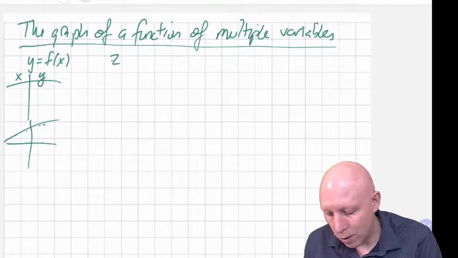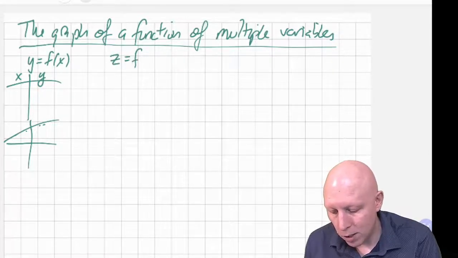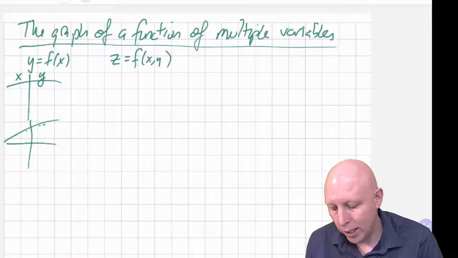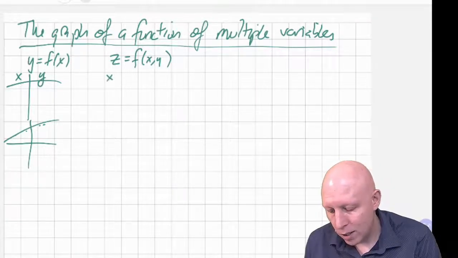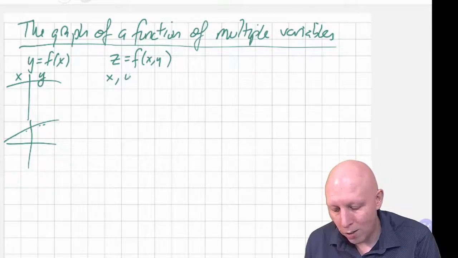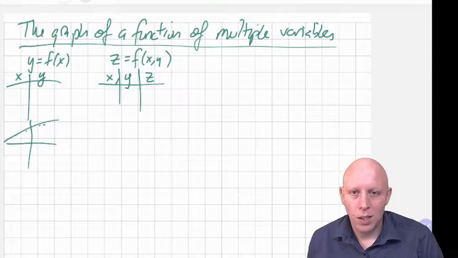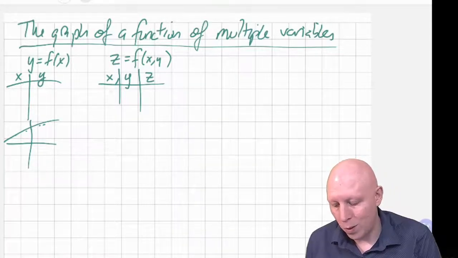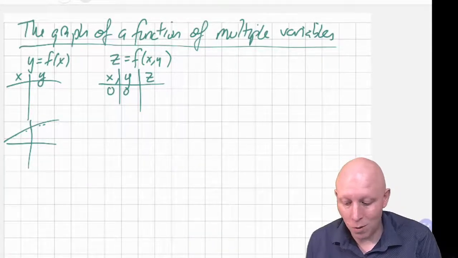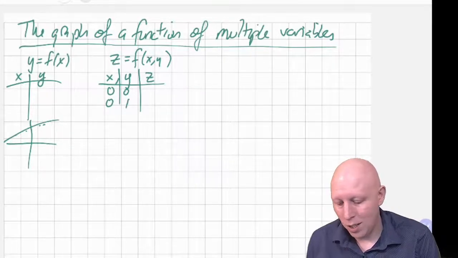Now we're talking about a function that looks like z is equal to f of x, y. And in that case, you almost want to have a whole bunch of different examples of what x and y are, and that's going to give you z. So you plug in 0, 0, and you figure out what z is. You plug in 0, 1, you plug in 1, 0, you plug in 1, 1.